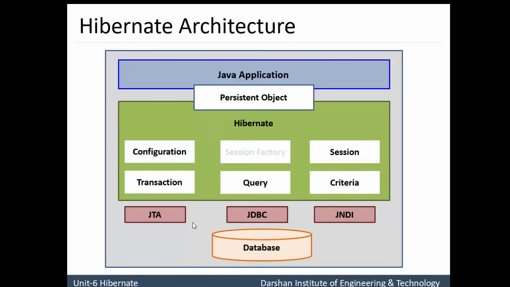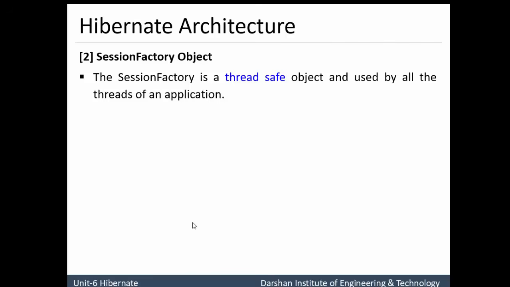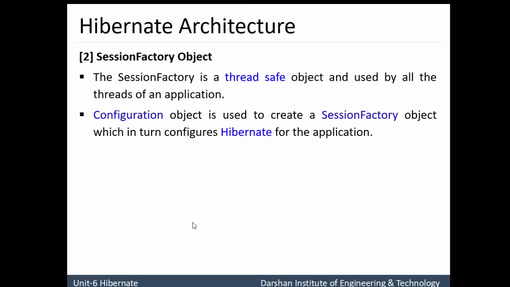Second object is SessionFactory. The SessionFactory object is thread safe, meaning synchronized, and is used by all the threads of an application. The Configuration object that we have previously studied is used to create the SessionFactory object, which in turn configures Hibernate for an application.